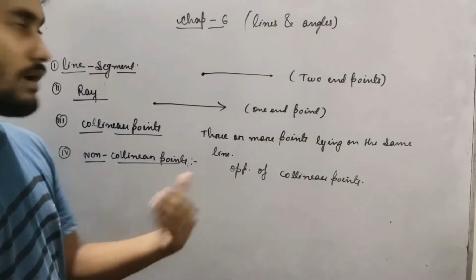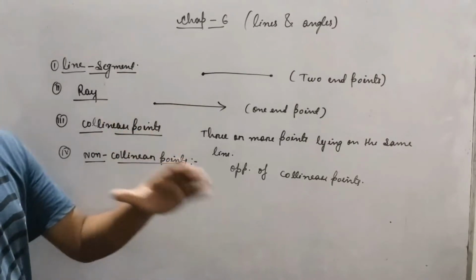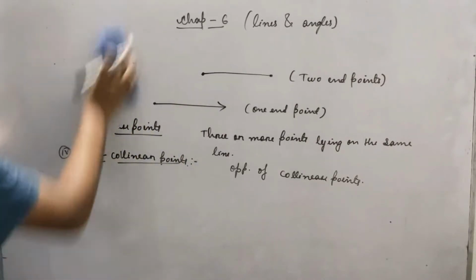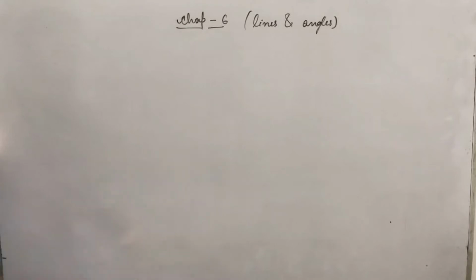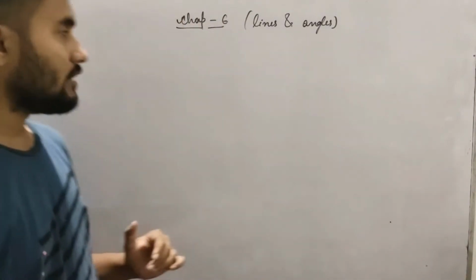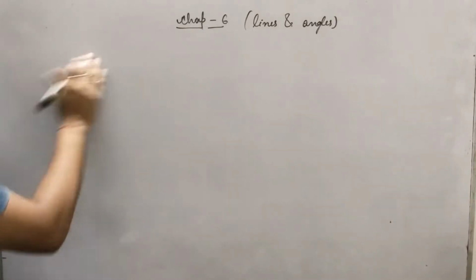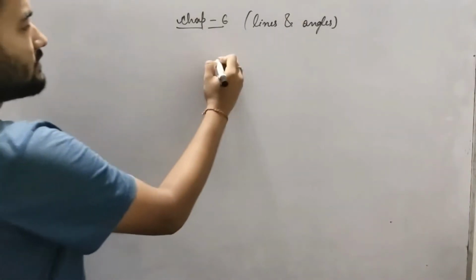Then let us come to angles. We have discussed lines. Line segment you have understood, ray you have understood, collinear points, non-collinear points, done. This is an angle.